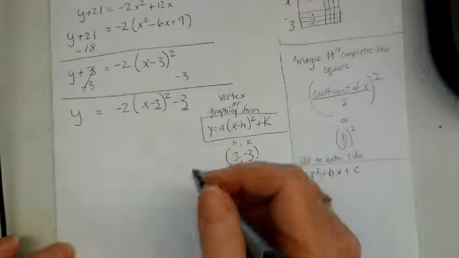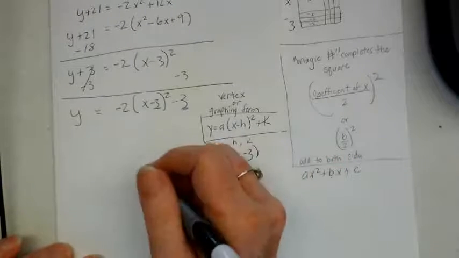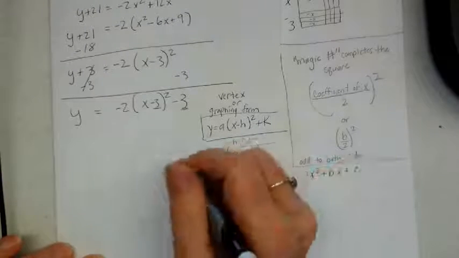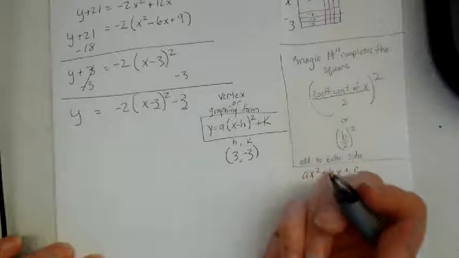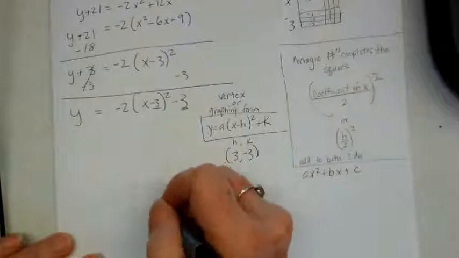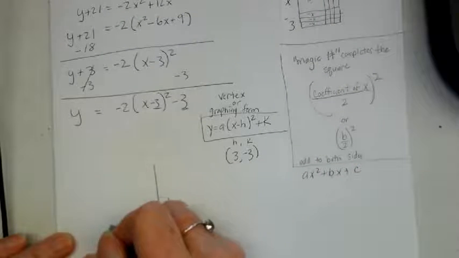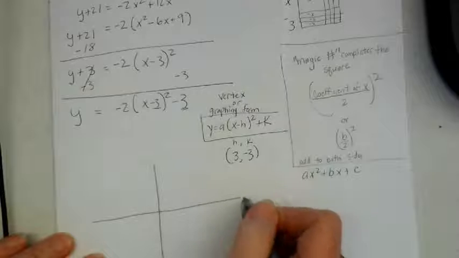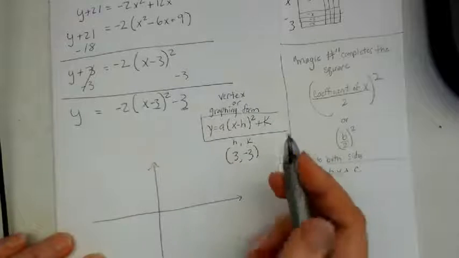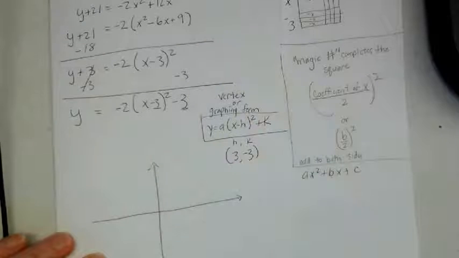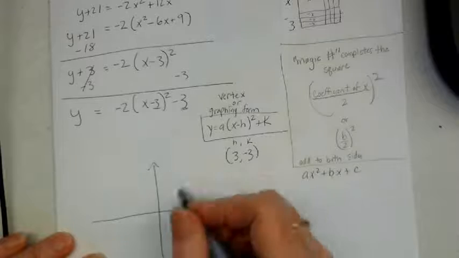I was going to make a sketch, but then I'll show you the real graph of it, because if you don't use graph paper, you're going to have trouble. Basically, I would find 3 comma negative 3.